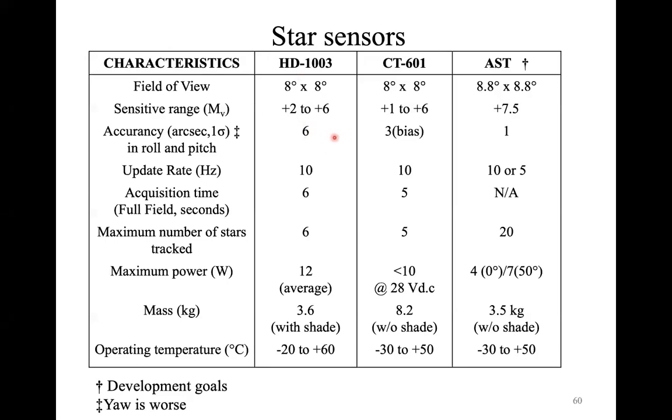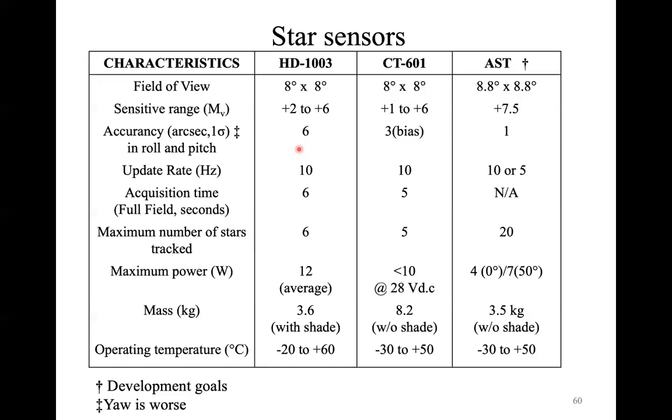So since here I gave you the field of view and here you have the accuracy of the instrument, you can roughly estimate the number of pixels that you have in your instrument. That could be a good exercise to check if you got a good understanding.